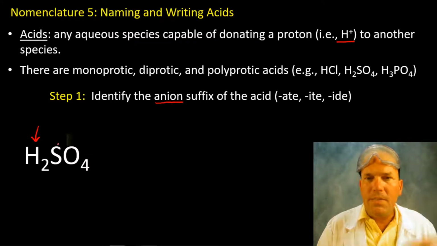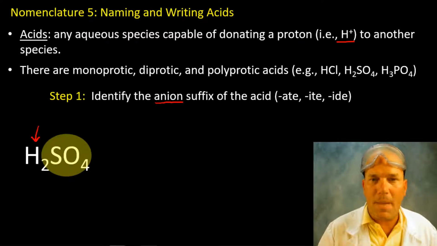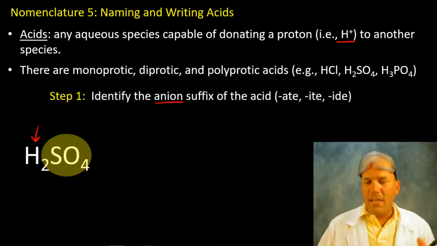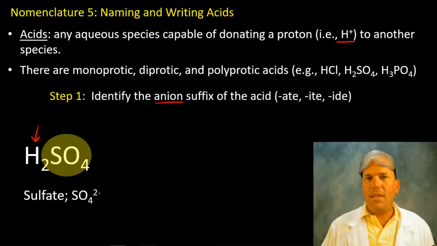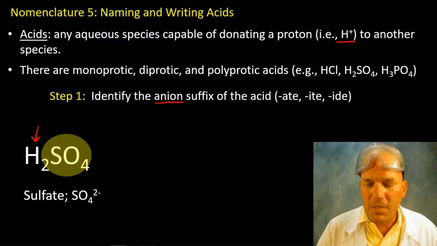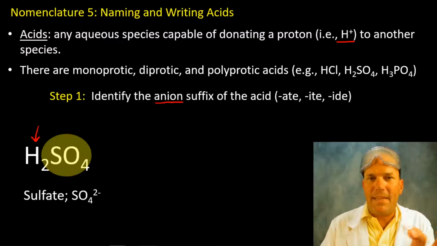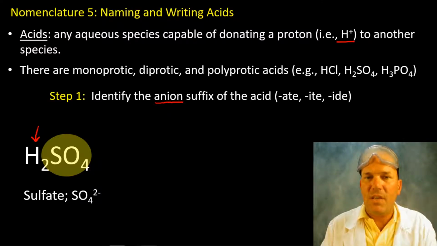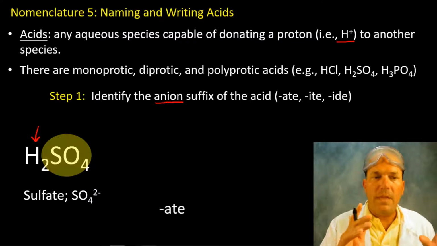Well, in this case here, you can recognize this anion as a polyatomic ion called sulfate. And notice my ending here, my suffix. I'm looking at the anion, the negatively charged portion, and the suffix is ate. All right, so that's step 1.